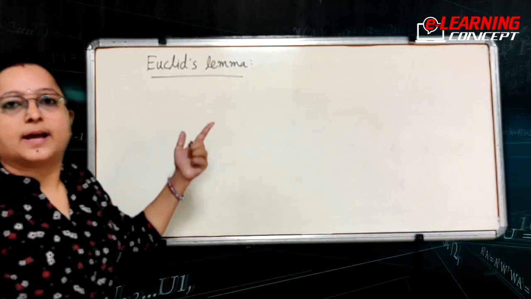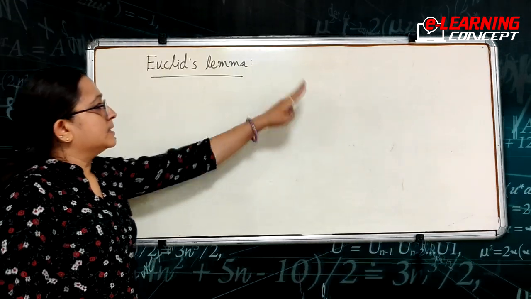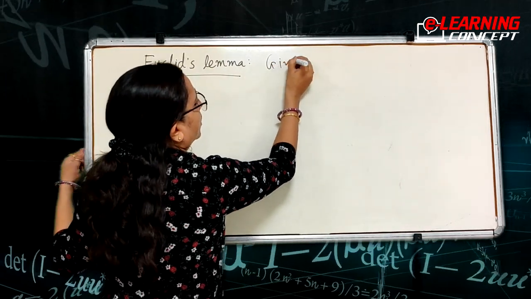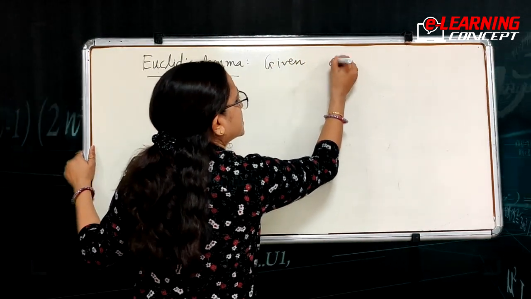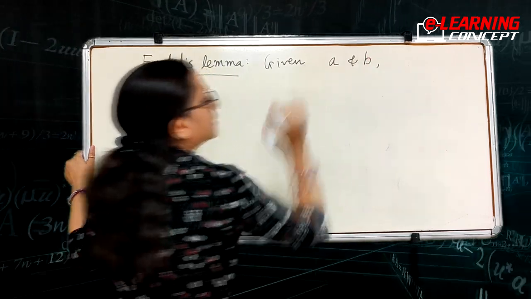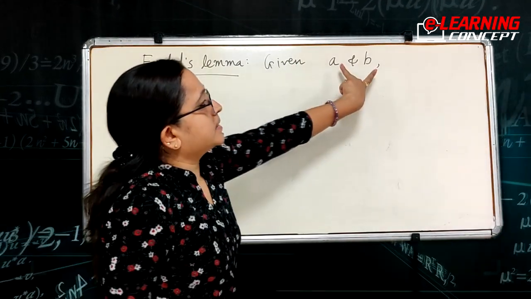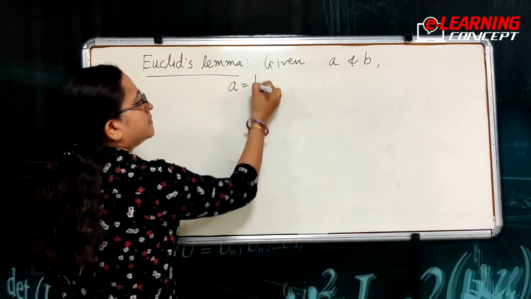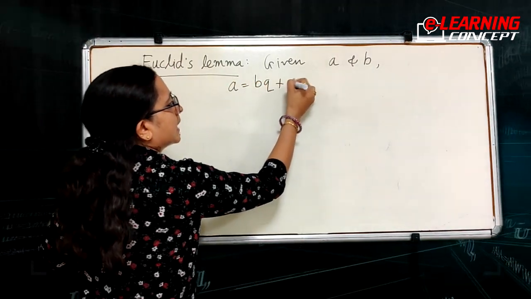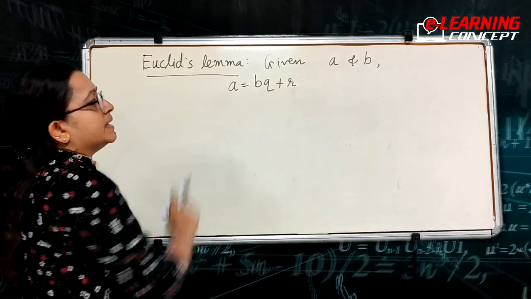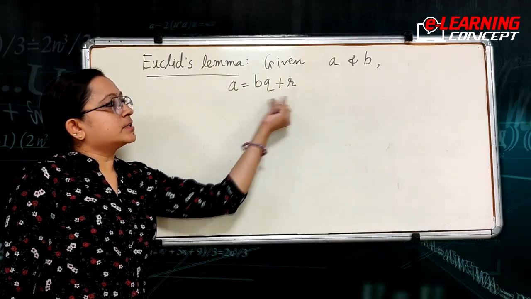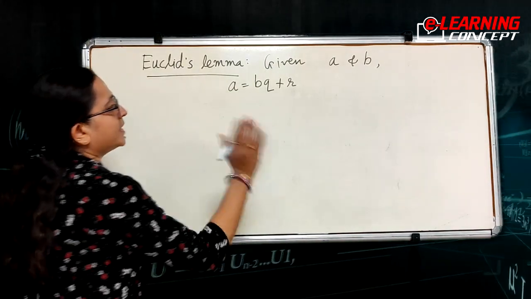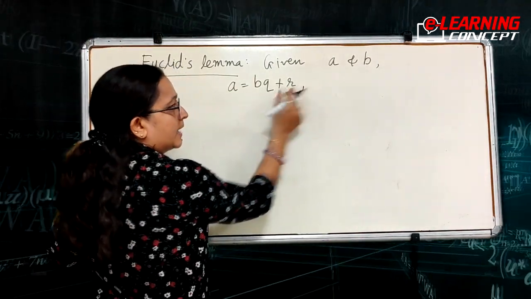In 1 mark it may be asked, state Euclid's lemma. So see it very well. For any given two positive integers a and b, you can write in the form a = bq + r, because for a and b you must have unique integers q and r, so that you can write in this algorithm form, where we have a very important condition regarding r.